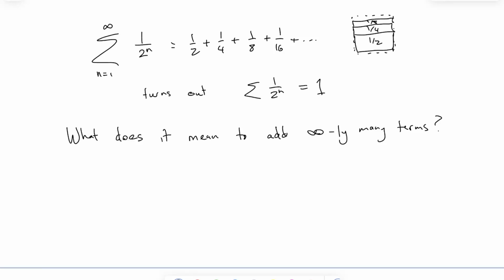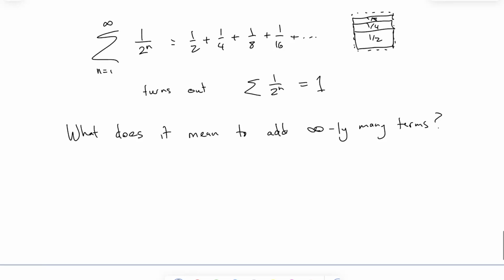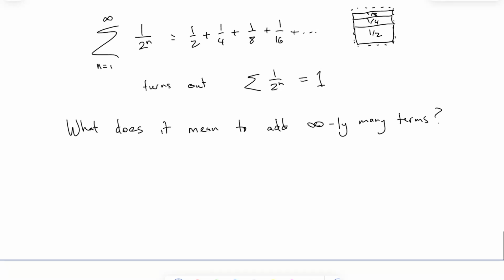Anyway, can we just discuss in our remaining 10 minutes, what does it actually mean to add together infinitely many things? I'm going to think of this kind of the way that we think of an improper integral. So this is the definition, or I'll write it in a few steps here.